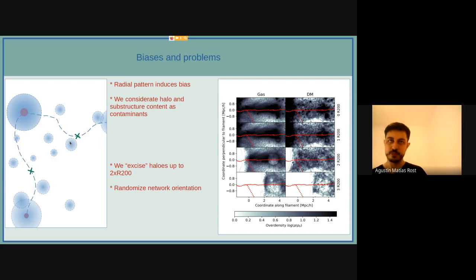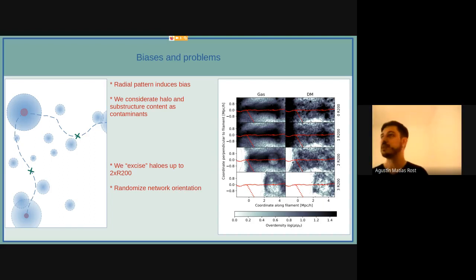So we have to remove these regions by removing all the particles that fall into these spheres. Here I have an example of a filament, the gas and the dark matter counterpart. This is the filament identified by DisPerSE, and here it is without removing anything. So we can see that there are many clumps and very small halos.